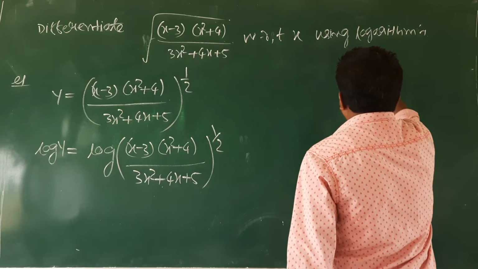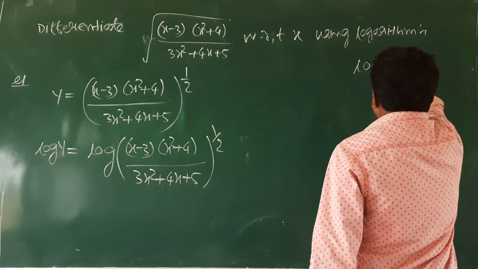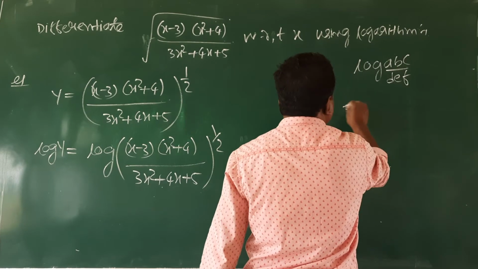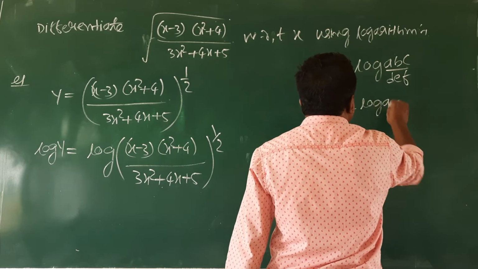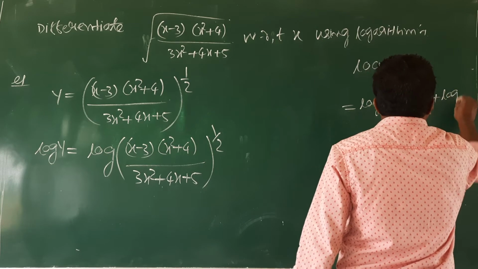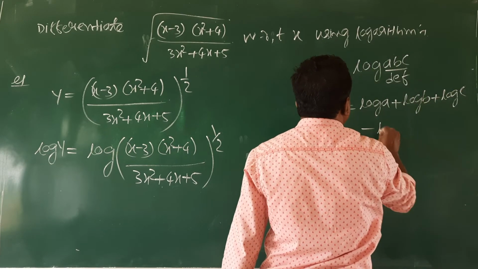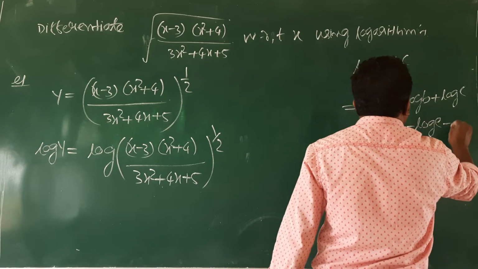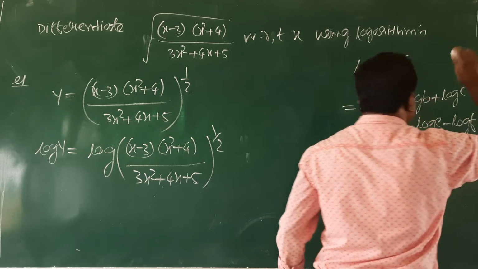Log ABC by DEF is equal to log A plus log B plus log C, minus log D minus log E minus log F.